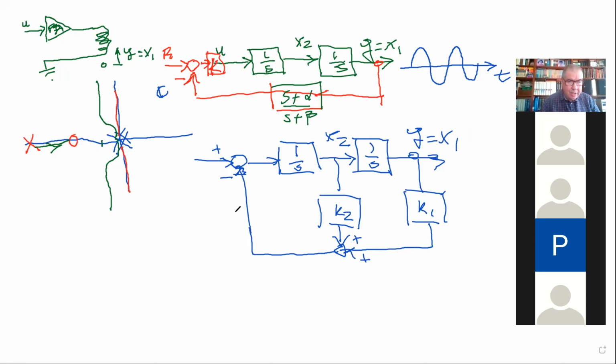You can rewrite this diagram in this way. You replace the arrows. So you cut this wire from here and you connect it there.